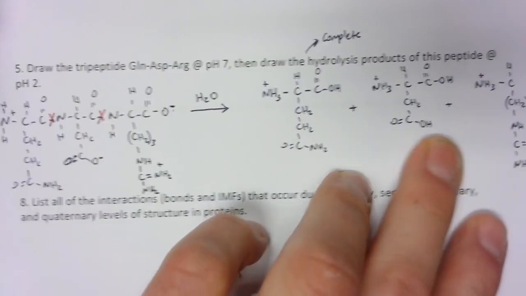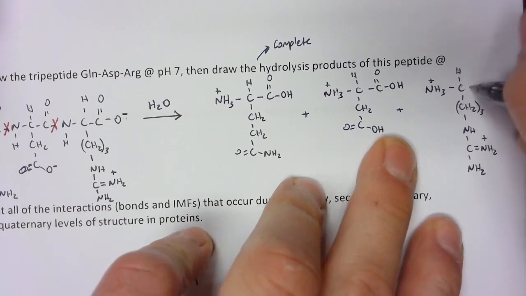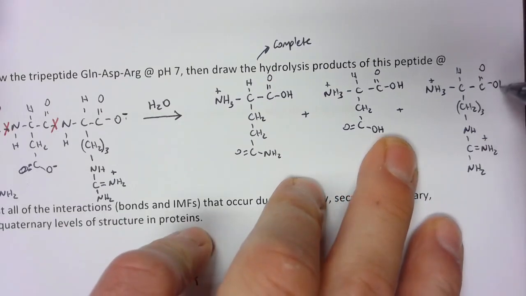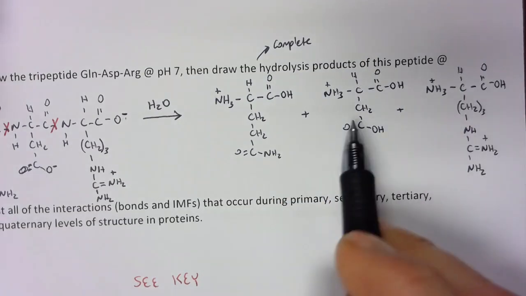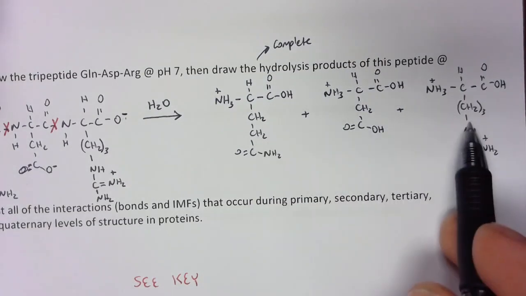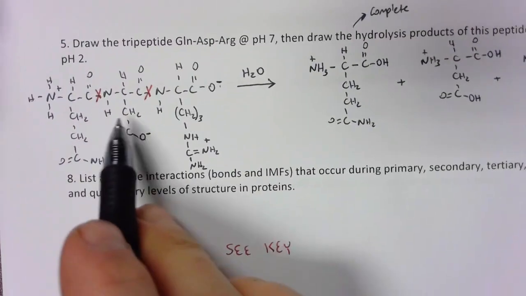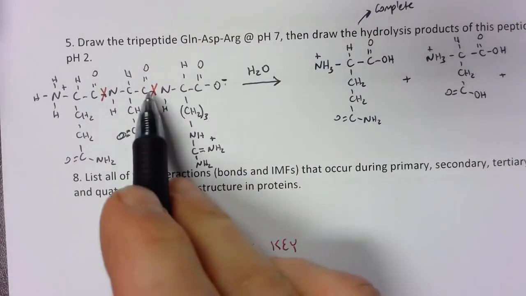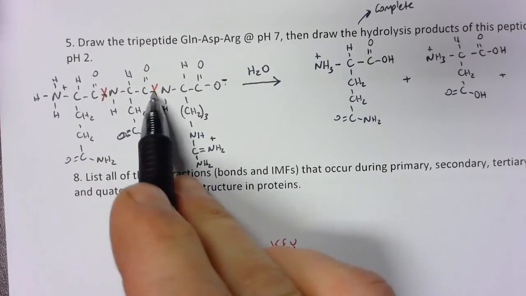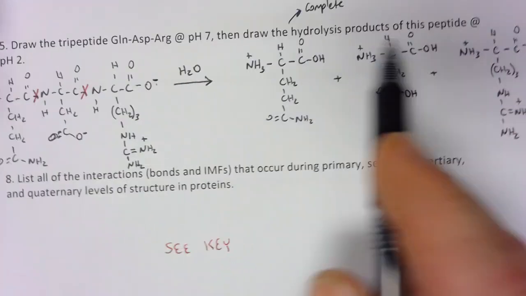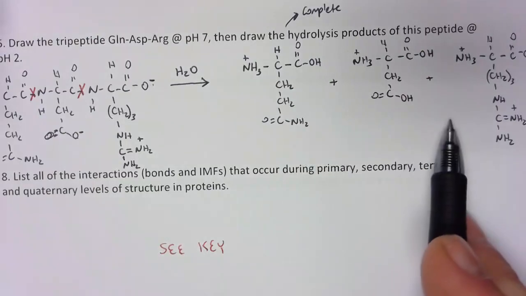Kind of a long R group, that one is. And then finally the C-terminus of this amino acid with the H. Okay, so 3 hydrolysis products. Started off with 1 connected molecule. Water broke in 2 places because it breaks at the peptide bonds. And then we end up with 3 complete amino acids as products.